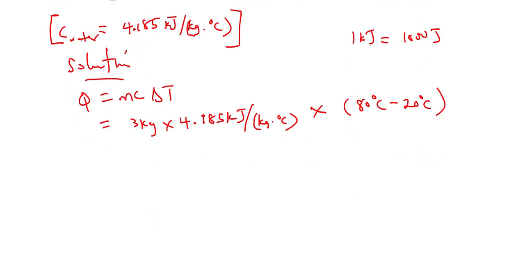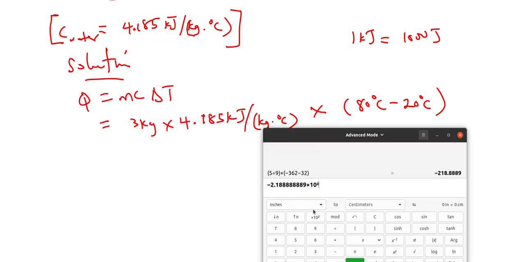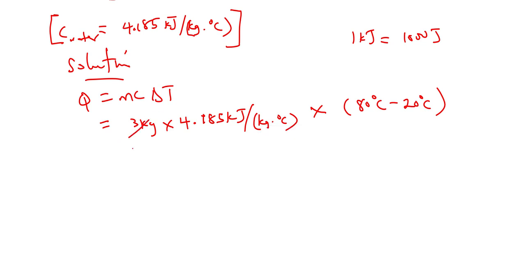So let's take out our calculator. 3 multiplied by 4.185, then multiplied by 60. That will be 753.3 kilojoules.